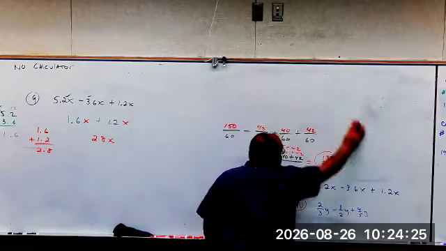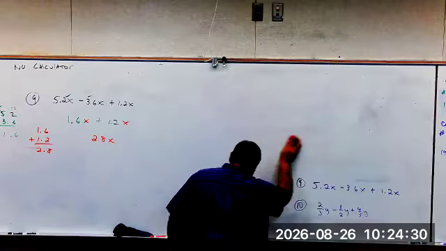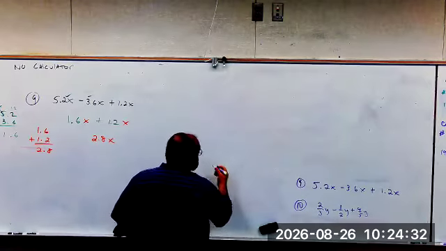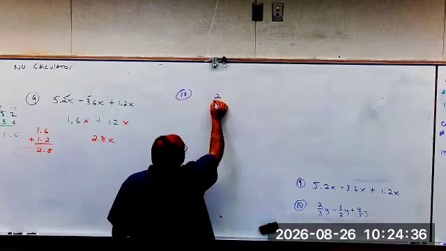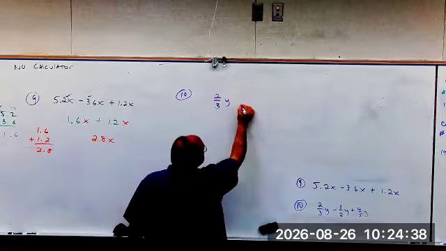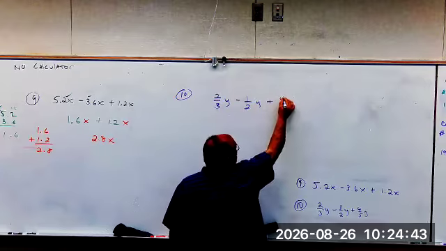Same thing happens when you're dealing with fractions. So on number 10 here, 2/3 y minus 1/2 y plus 4/5 y.